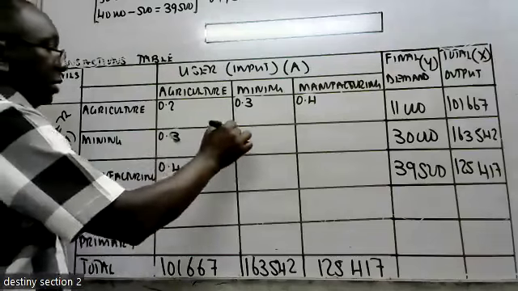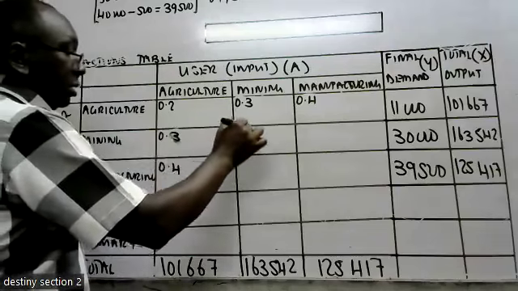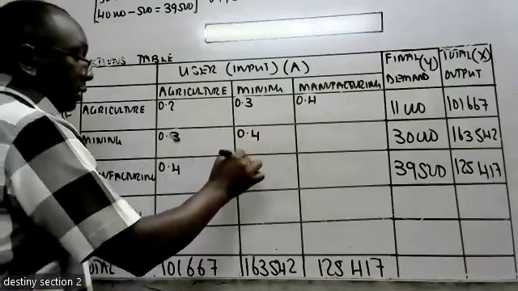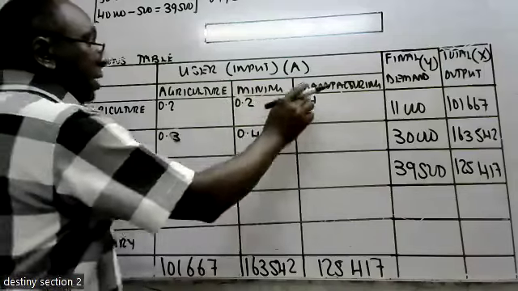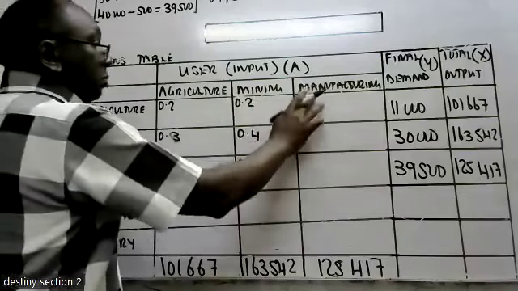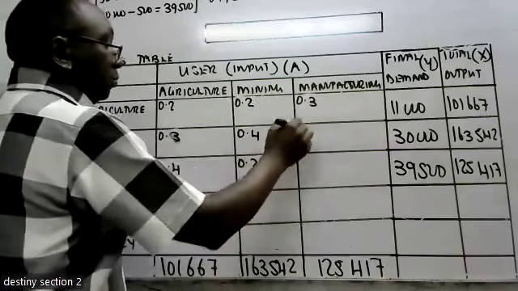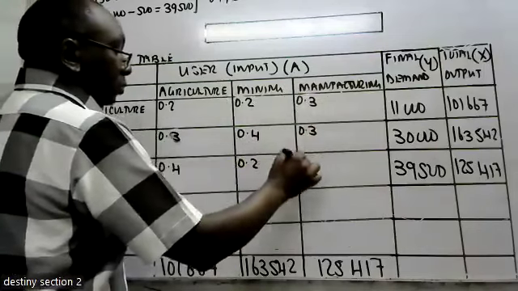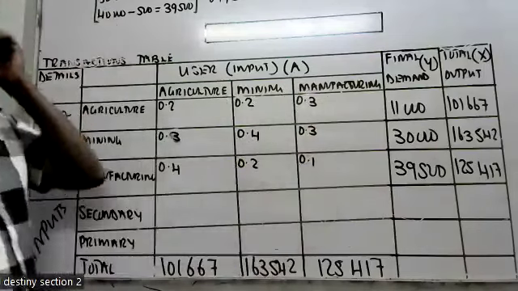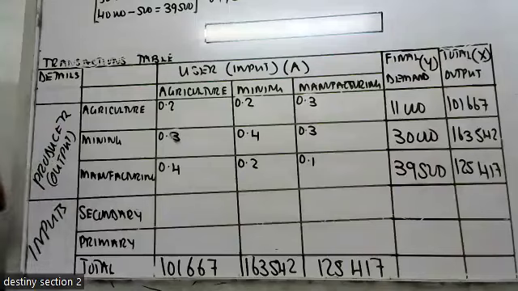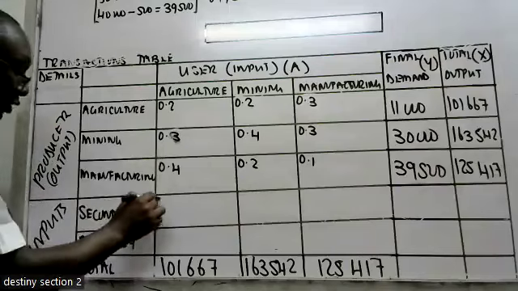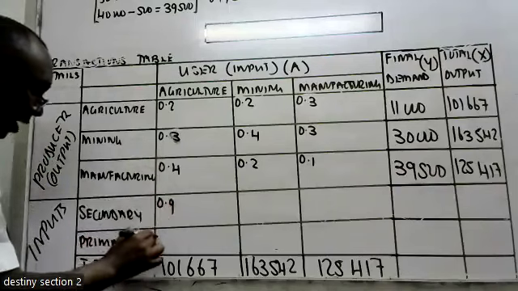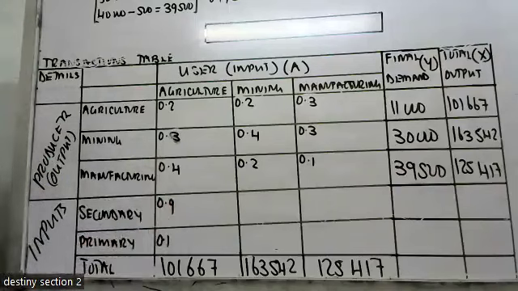Then here 0.4, then 0.2, 0.2. Then here is 0.3, 0.3, 0.1. Good. If you remember what we had said, when we added, we got 0.9, and this one is 0.1.